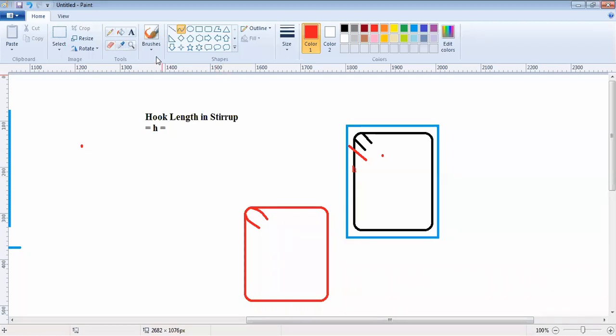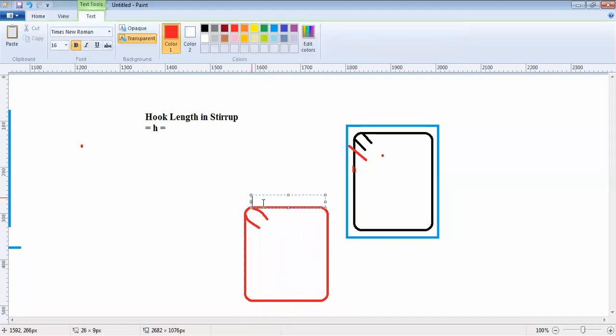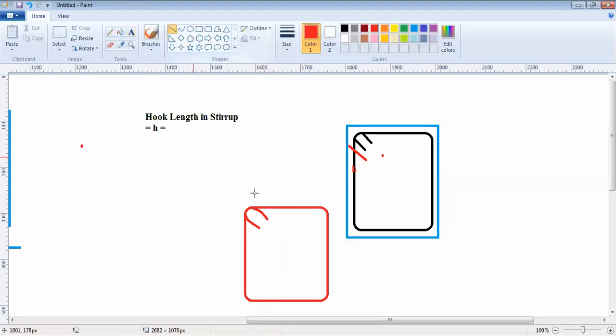Now, if you have a look at this, there is a slight bend first here. At this point there is a bend, then it may go straight. Now the hook in total is somewhat like this.